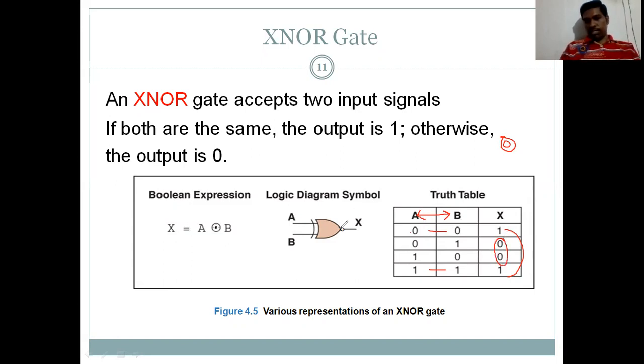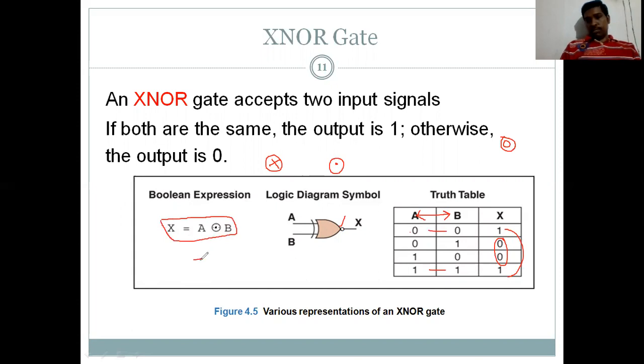That's why we fix a small bubble here. Then what are the expressions? The XOR symbol is a plus put in a circle. And the XNOR symbol: put a dot here and put it in a circle. That is the symbol for this. See here, this is the symbol.